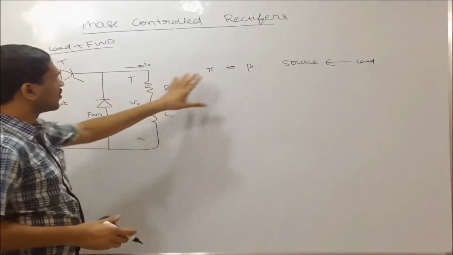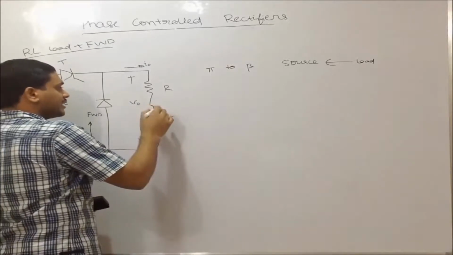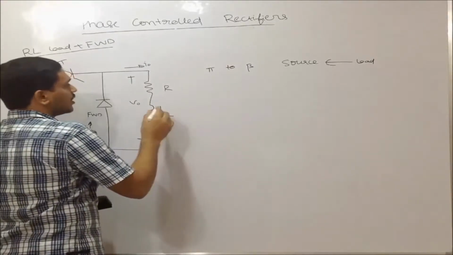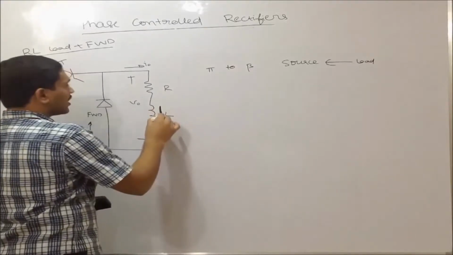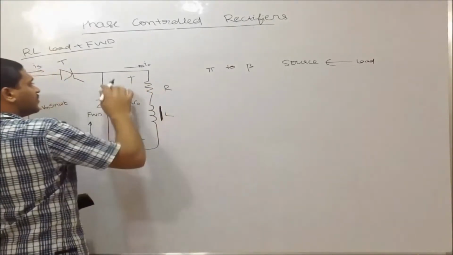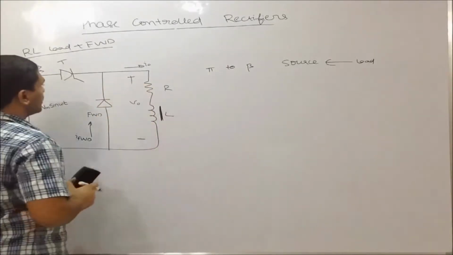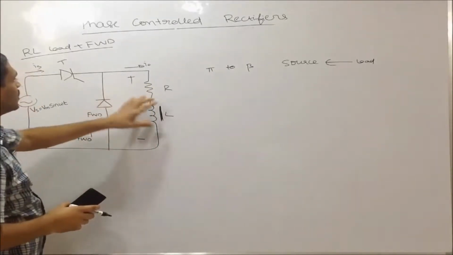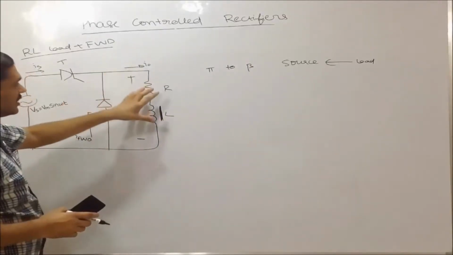Now in this circuit from pi to beta, whatever energy is there in the inductor will be freewheeled, that will be circulated in this path. So power will be retained in the load itself.